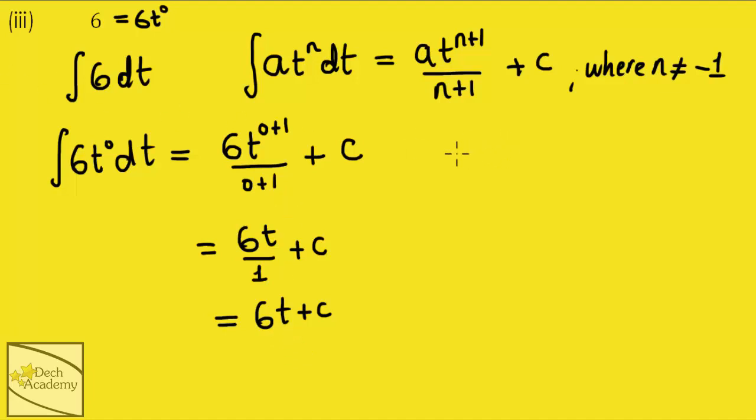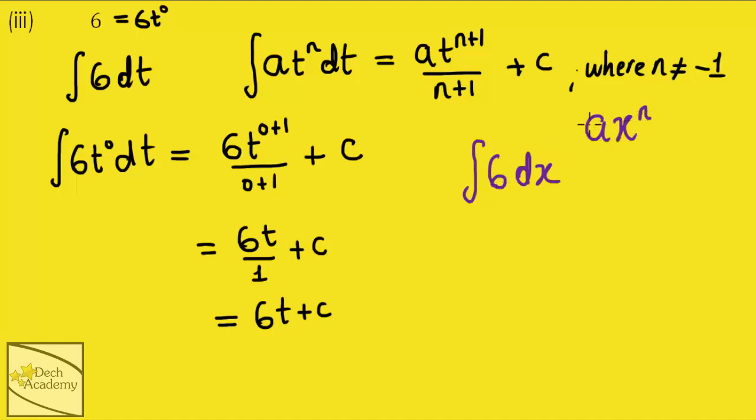What if you're required to find the indefinite integral of 6 by integrating with respect to x? Integrating 6 with respect to x will require us to have, or it would be nice to have, our integrand in the form ax to the n.